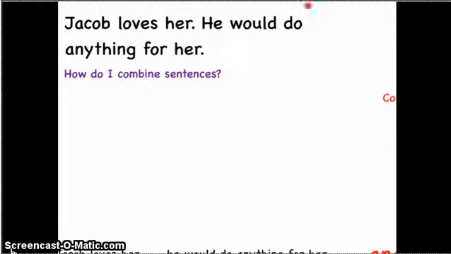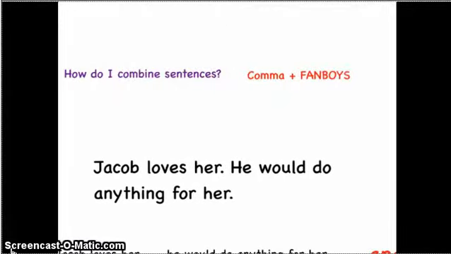We are just about ready to combine this sentence, and in hopes that you can answer this question. How do I combine sentences? Hopefully you say something like, I would combine sentences using this pattern. Right? That is comma plus Fanboys. Right? So how would you guys combine this sentence? Right? What would you do?